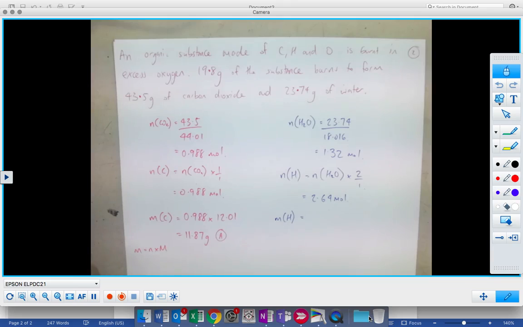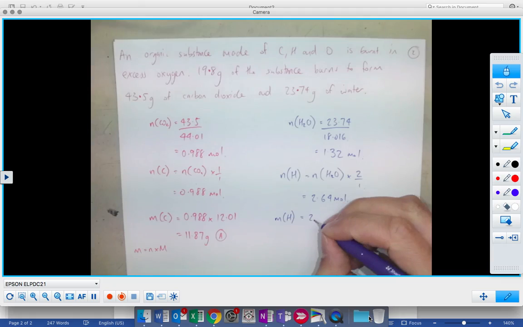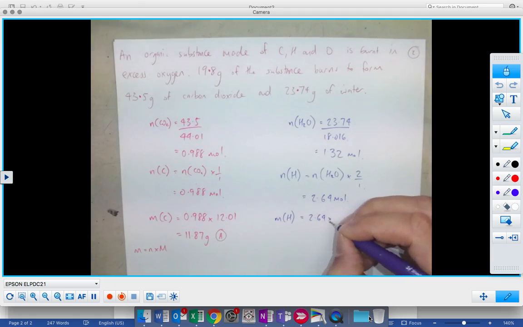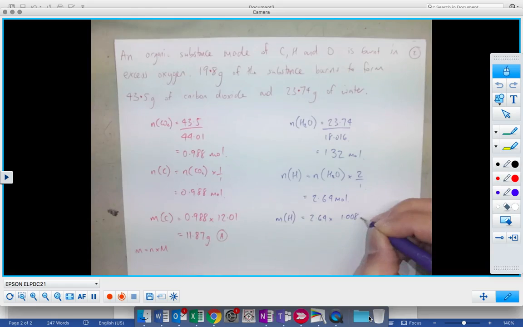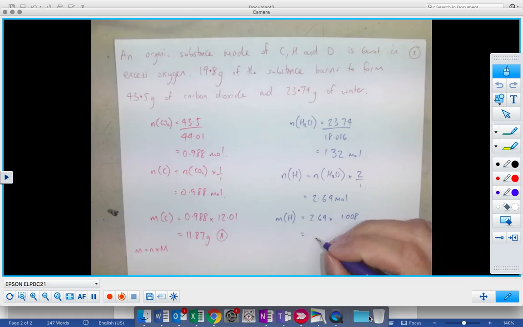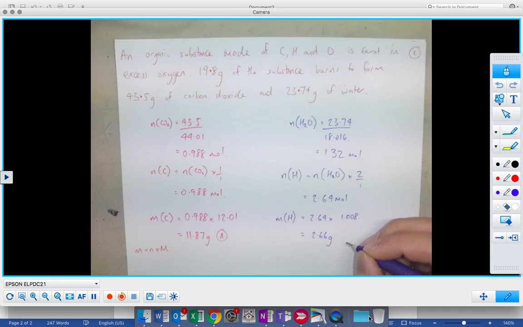So 23.74 divided by 18.016 times 2, and then times 1.008, and that's 2.66 grams of hydrogen. I'll save that as B.